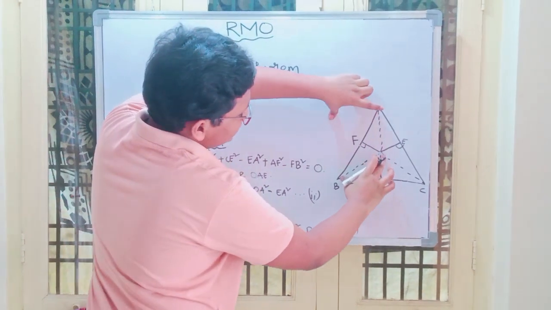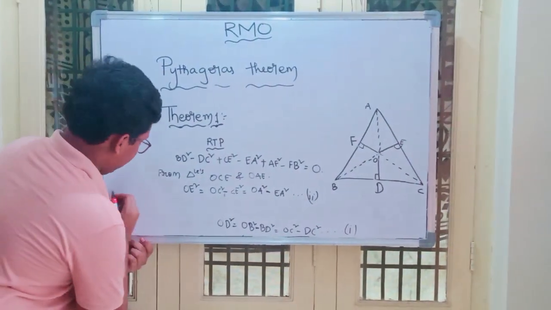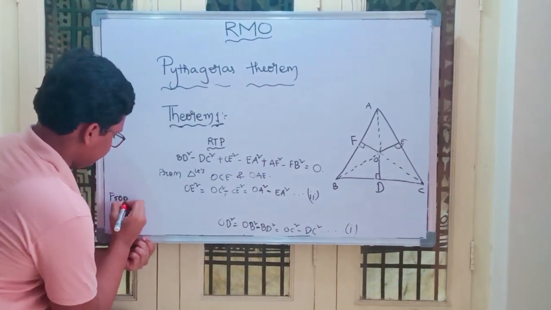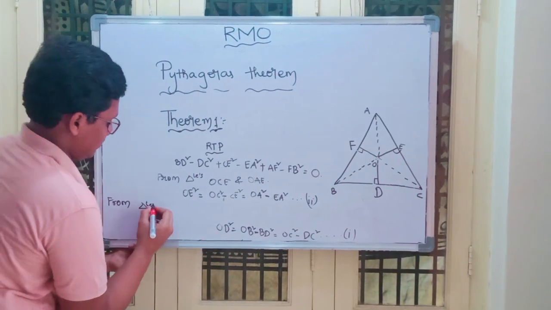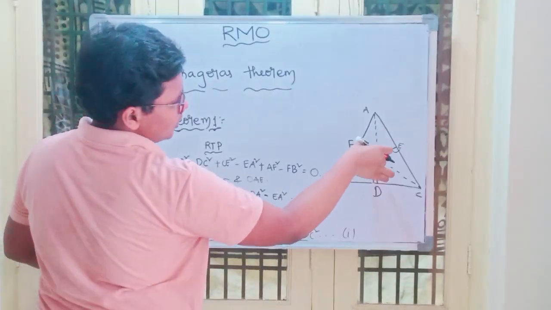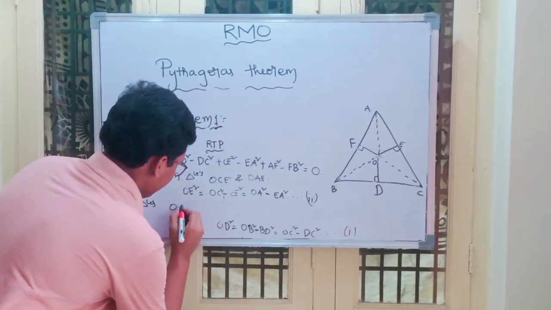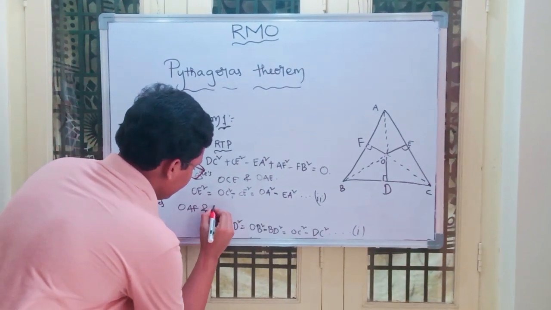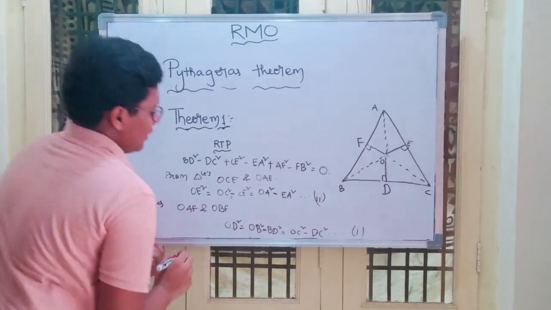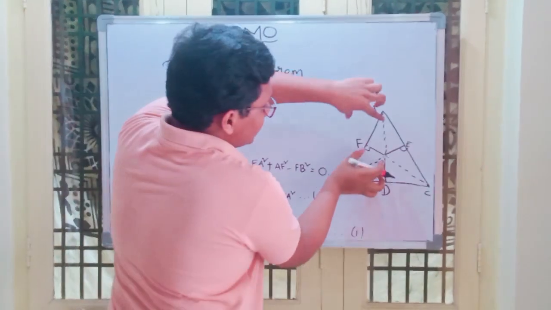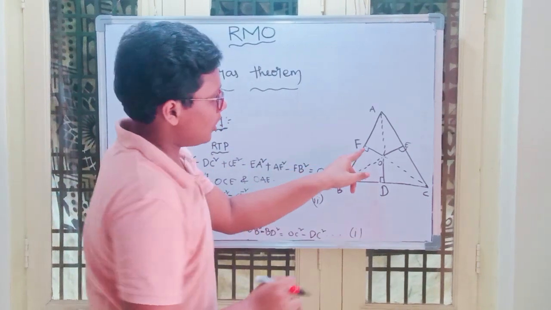Similarly, for triangles OAF and OBF, we can conclude that here OF square is the common side.